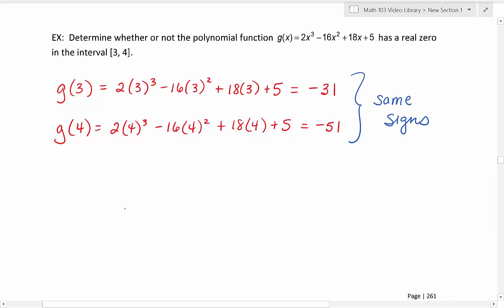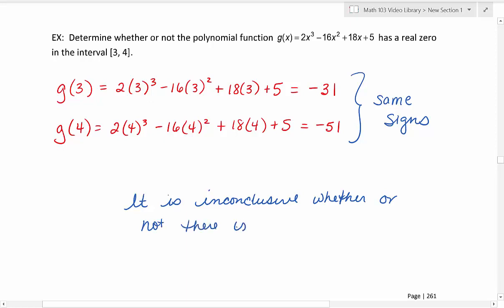It is inconclusive whether or not there is a real zero in our interval [3, 4].